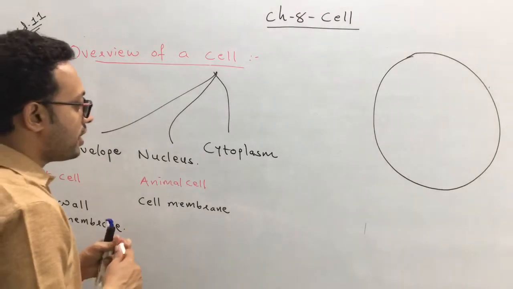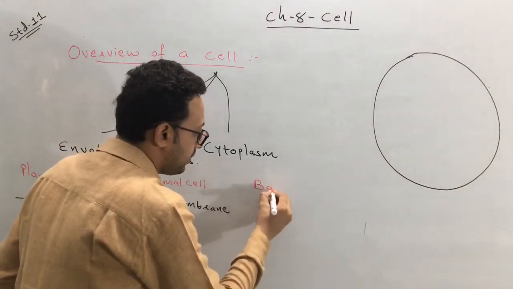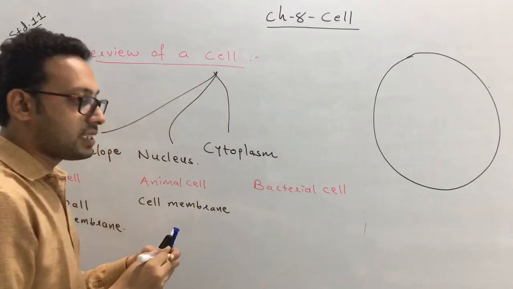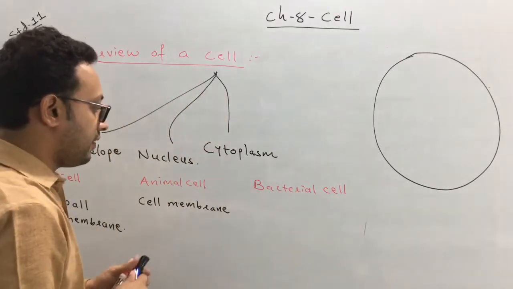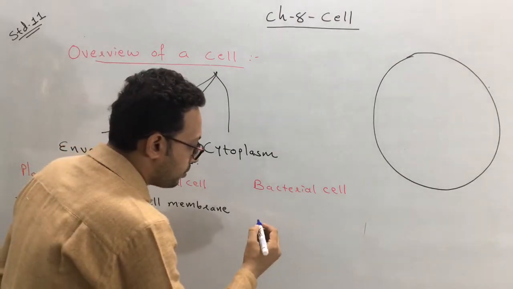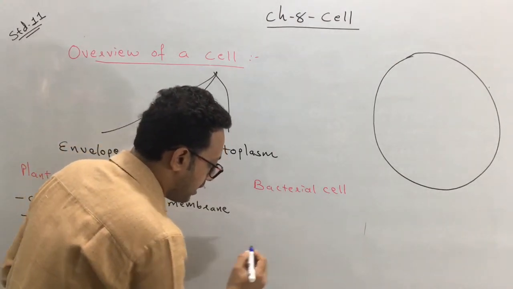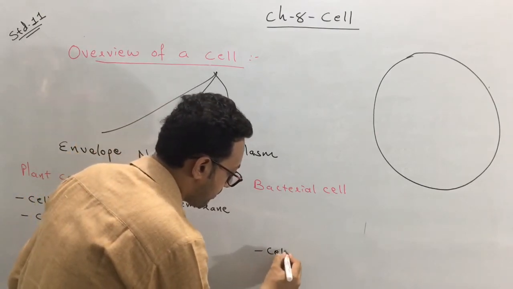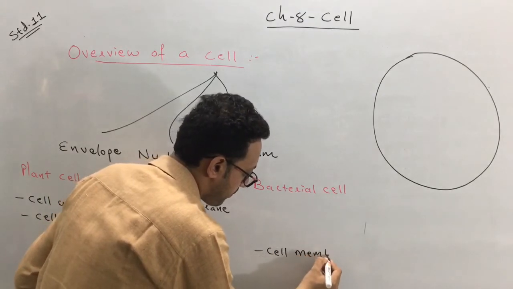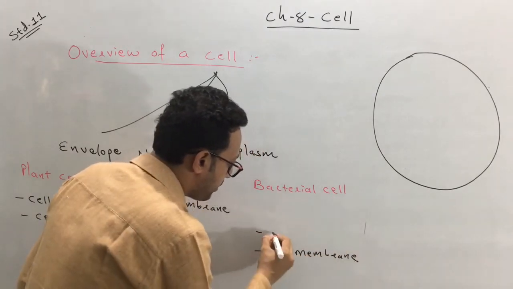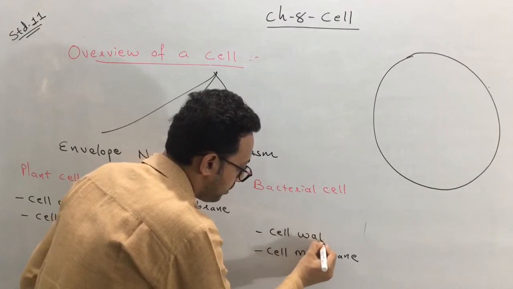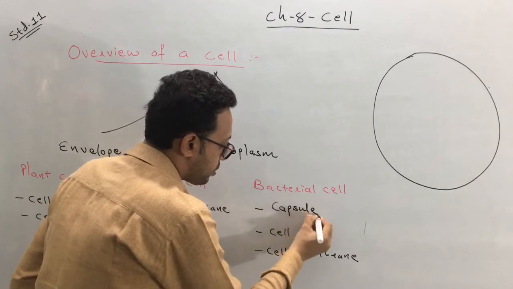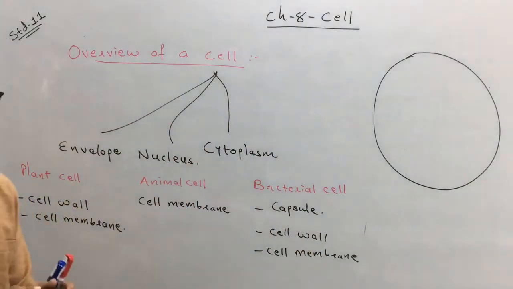And third, when you are talking about the bacterial cell, it has three boundaries around it. Starting with the innermost, the innermost one is called the cell membrane. The middle one is called the cell wall, and the third, the outermost, is called the capsule.